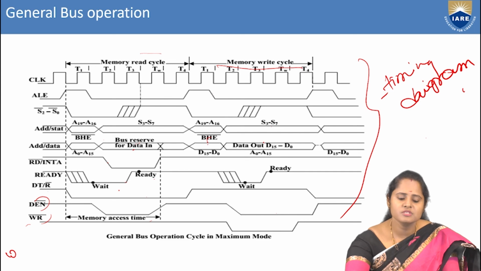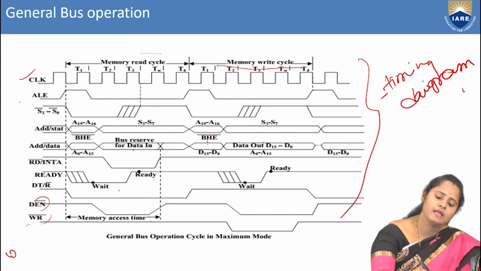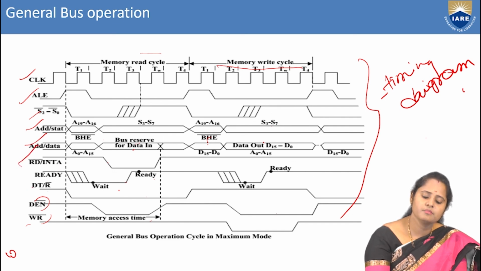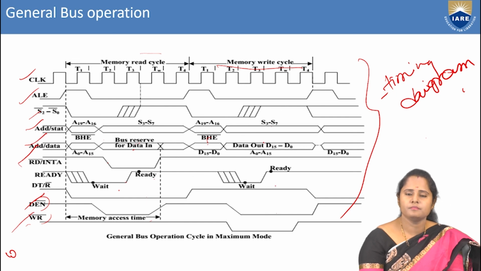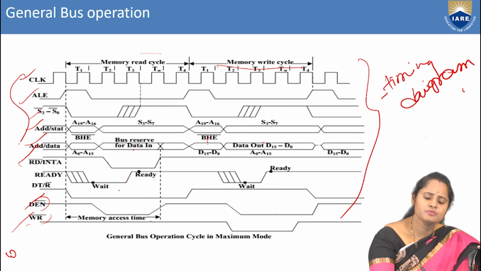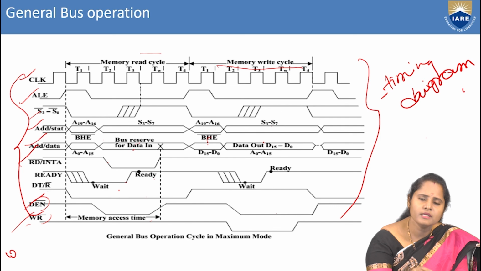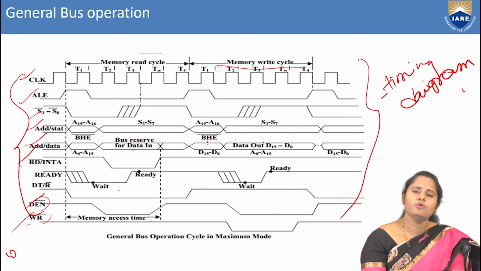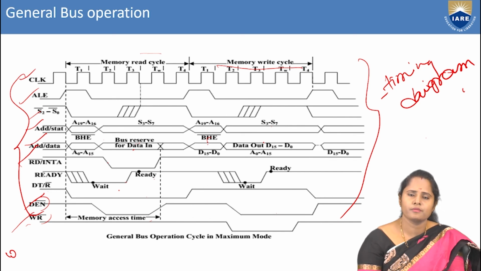The pins which are activated are clock, ALE, S0 to S2 bar, address and status, address and data, RD by INTA, read, DT by R bar, data enable, and write or read. So these are the pins which are activated. At what time period the pin is high and at what time period the pin is low, we have seen in this timing diagram.